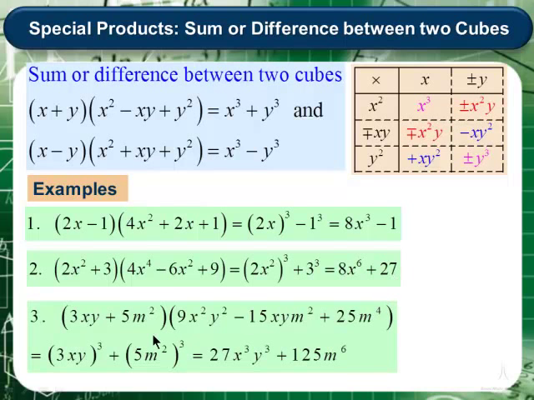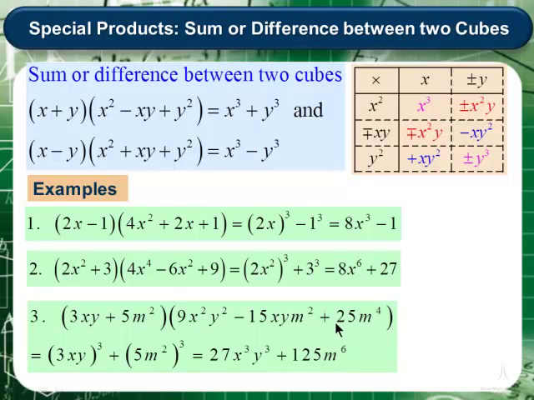Finally, in the third example we have a product which is seemingly more complicated, but it has exactly the same structure as what we saw in the second example. We notice that the first term on the right hand side factor is the square of the first term on the left hand side factor.